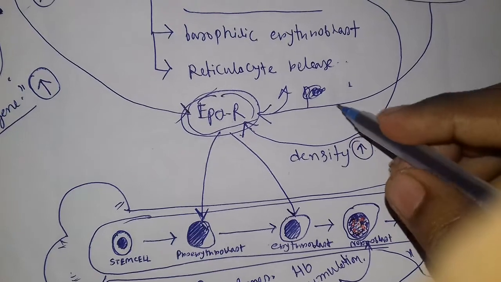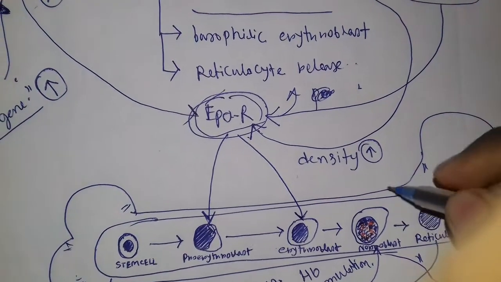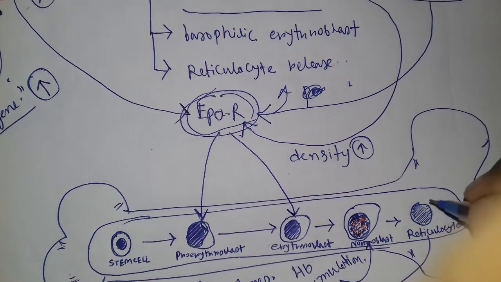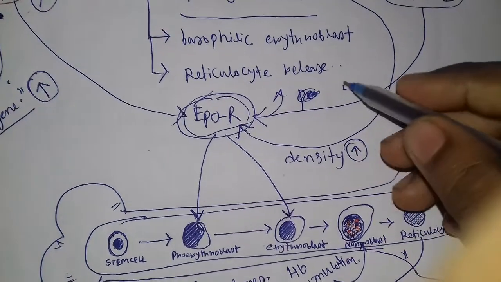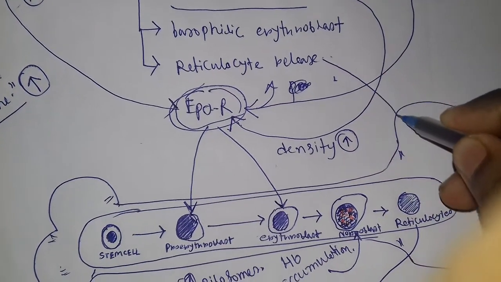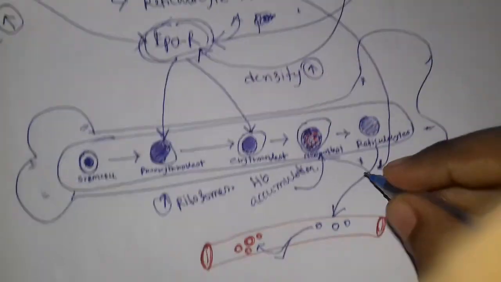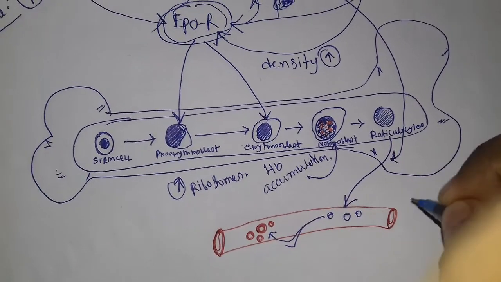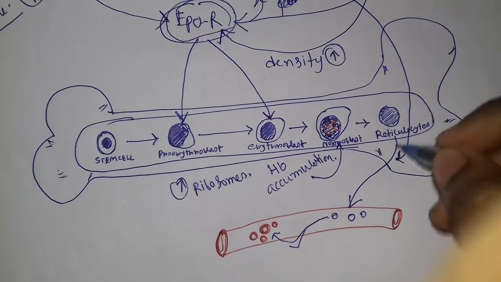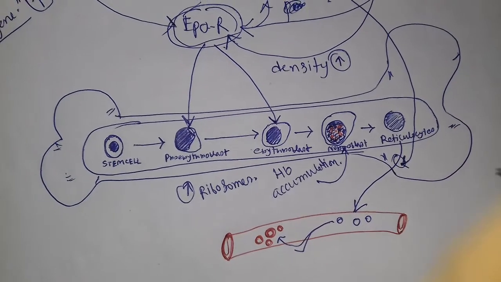So then there is exclusion of the nucleus from the normoblast and formation of the reticulocyte. So it has a function also in the release of the reticulocyte from the bone marrow to the systemic circulation. So here it is, the fourth action.